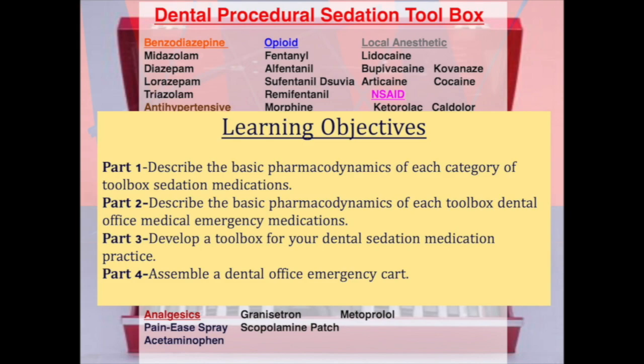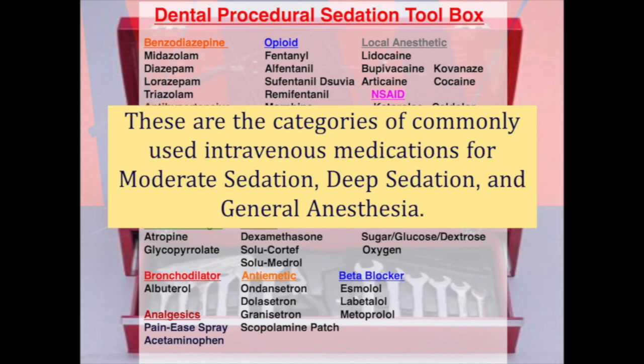We're going to develop a toolbox for your medication cart and your medication practice as a sedation dentist. And then we're going to assemble the emergency cart. As you can see, we're going to look at the categories of commonly used intravenous medications. We're going to be talking about moderate sedation, deep sedation, and then general anesthesia.